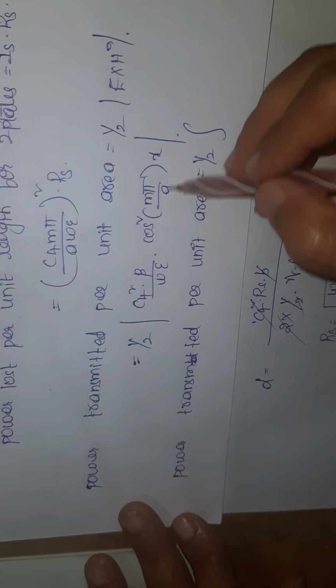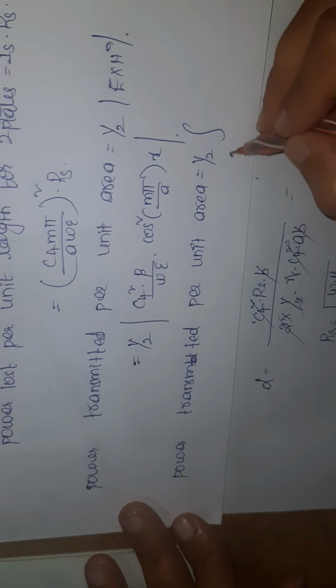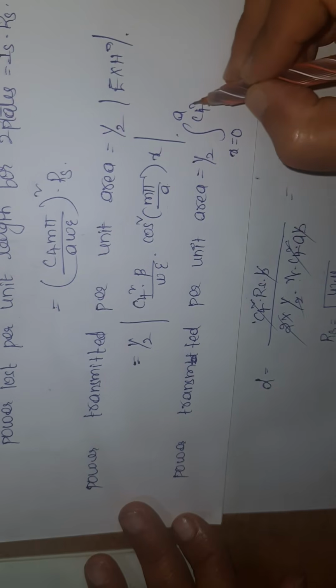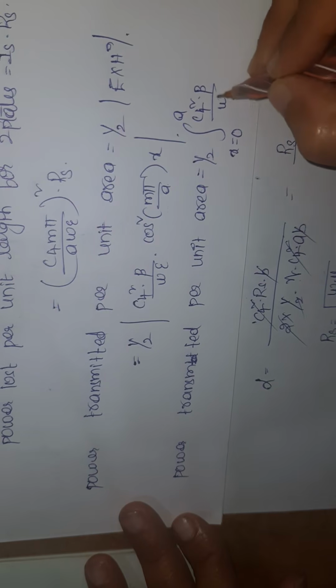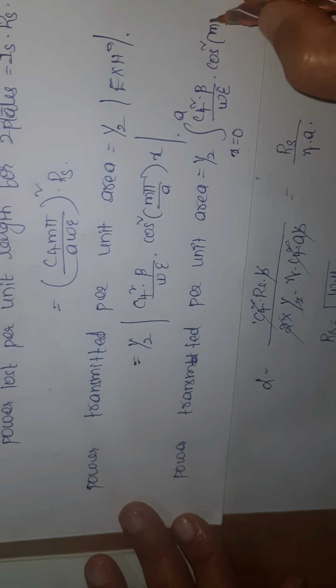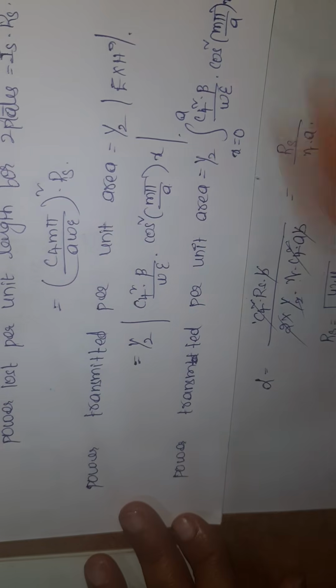So here as we are involving the cos terms, we have to take the integration from x is equal to 0 to a, and this is C4 square beta by omega epsilon into cos square m pi by a x into dx. So here cos square theta can be written as 1 plus cos 2 theta by 2.